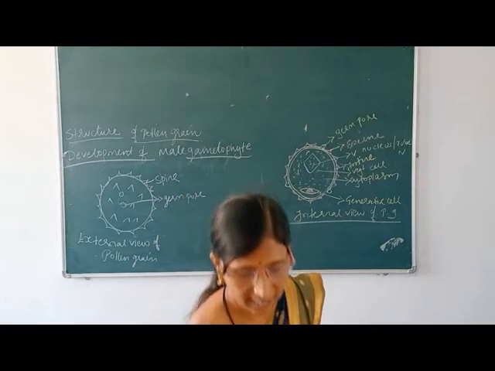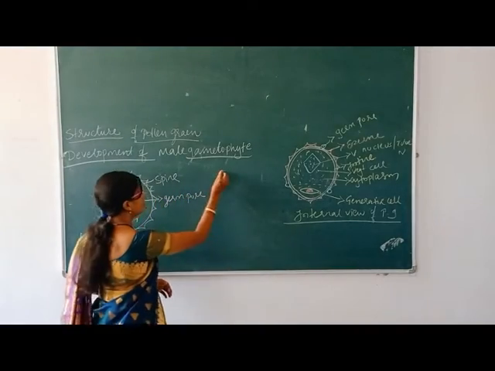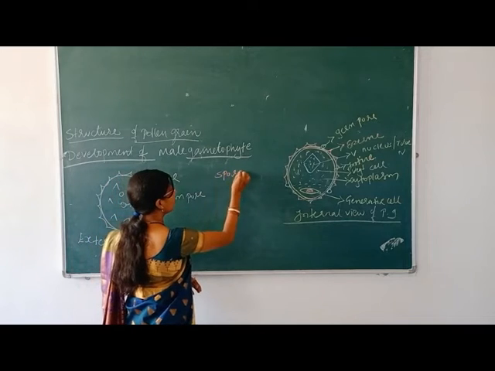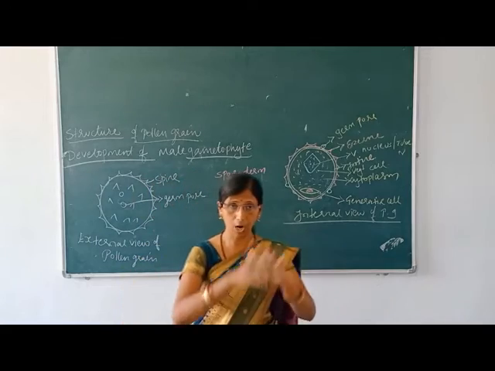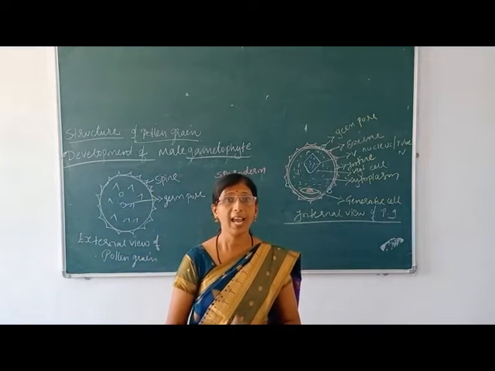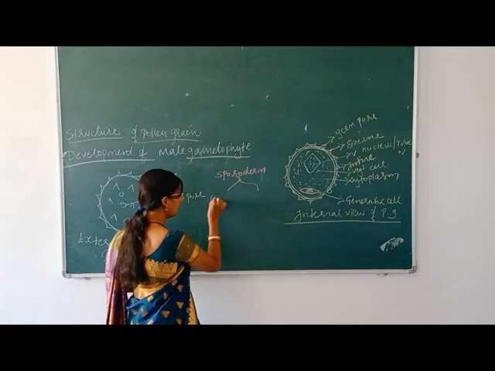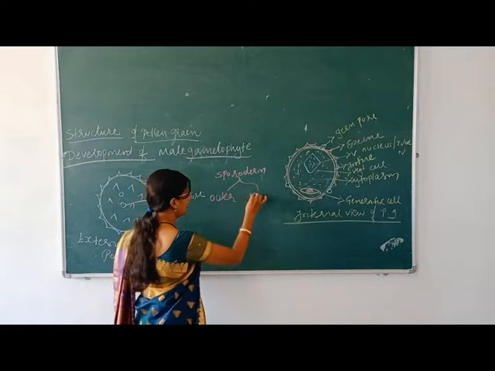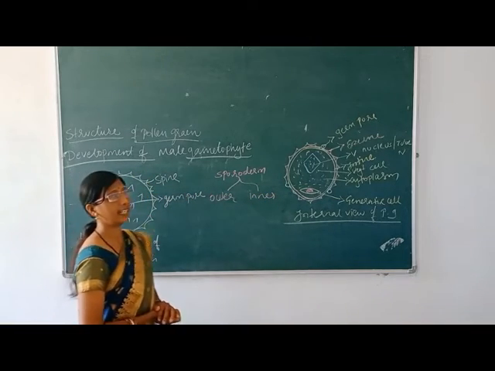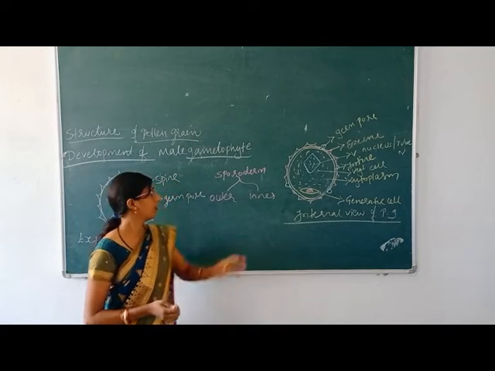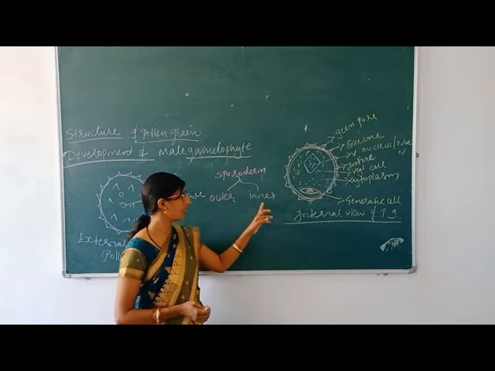So the pollen grain is covered by a layer called a sporoderm. The outer covering, wall or layer of the pollen grain is called sporoderm, and this sporoderm again has 2 layers, outer and inner.